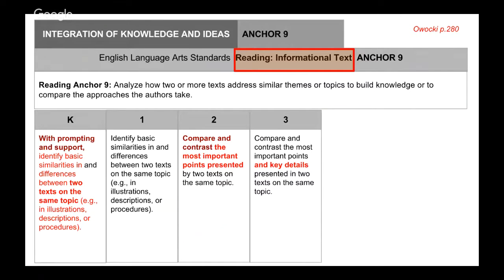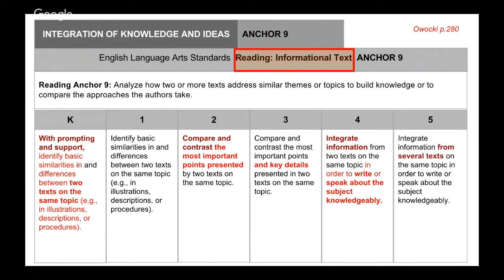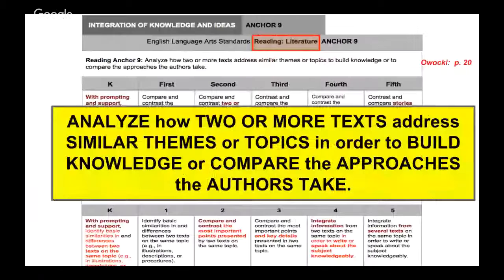Third grade adds on the key details that support those important points. Fourth grade begins the integration of 2 texts to help present more knowledgeably a subject when you're speaking and writing. And then fifth grade, you're integrating from several texts, again for speaking and writing about a topic.